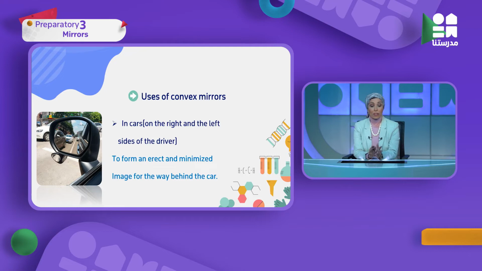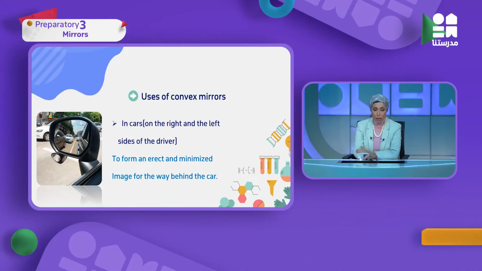Here بقى what are the uses of the convex اللي احنا بنتكلم عليها النهارده؟ بتconverge ولا بتdiverge؟ بتdiverge the light rays. الconvex mirror بتform and بتuse فين؟ في الكار in front اللي هي two side mirrors of the car المرايات الجانبية.